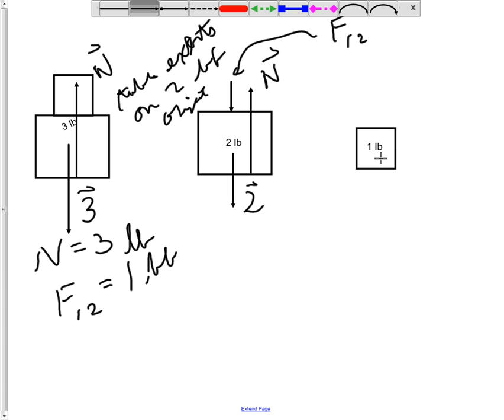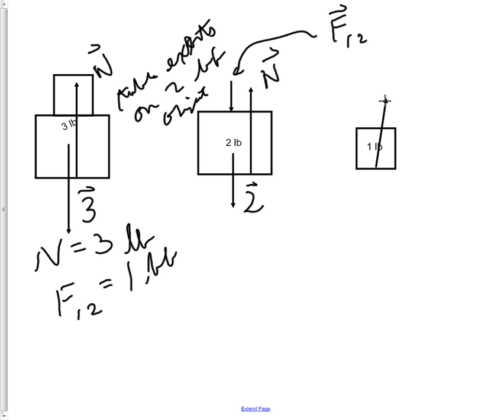Okay, now suppose that I choose the 1-pound object as the body. What are all the forces on that object? Well, there is some force up, which I will call F21. F21 is the force which the 2-pound object exerts on the 1-pound object, because those two are in contact with each other and exerting forces on each other.